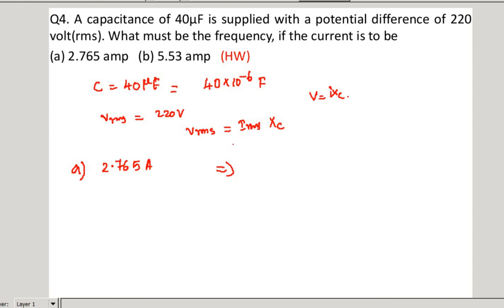Here we can apply directly in this equation, that is 220 volt equal to 2.765 into Xc. What is Xc?